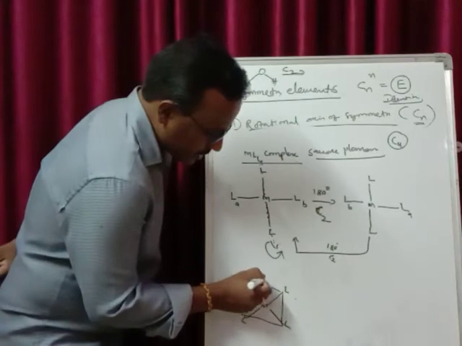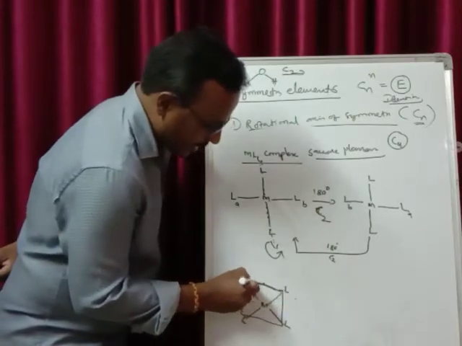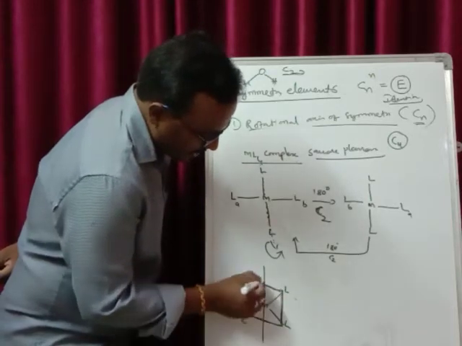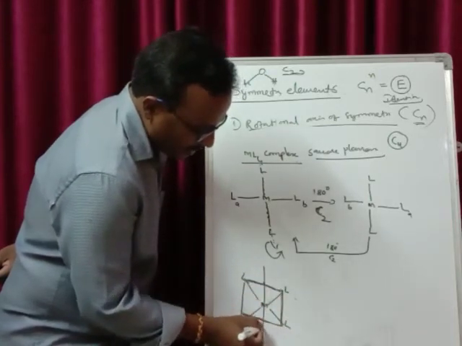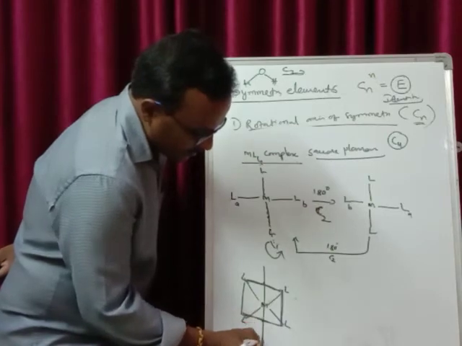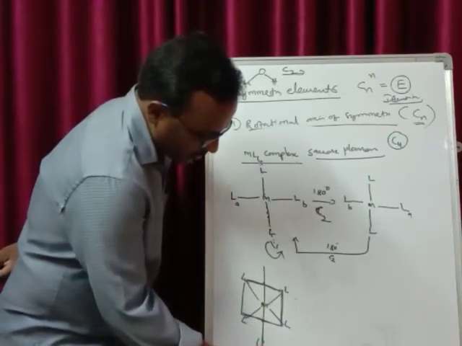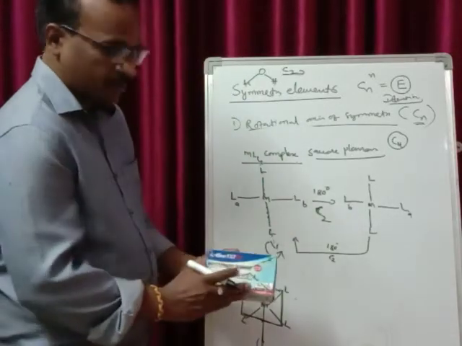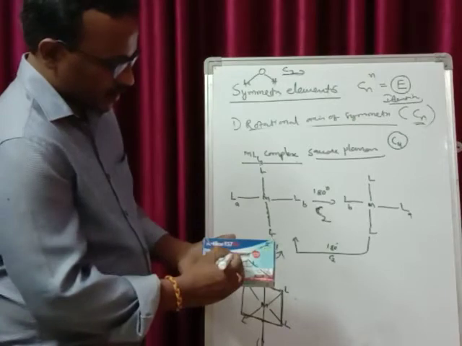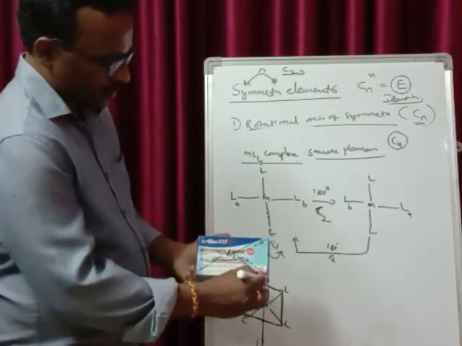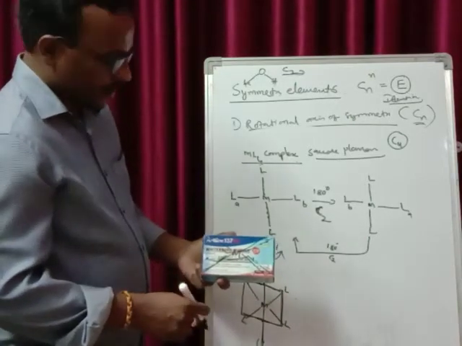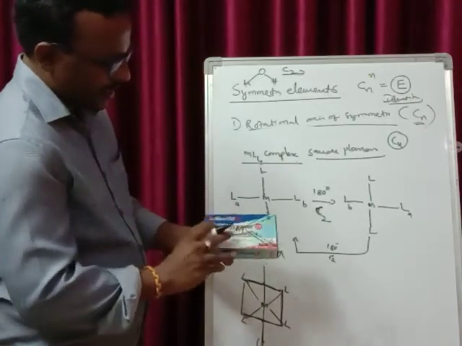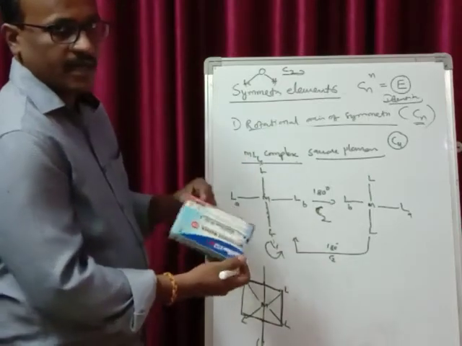The other C2s are passing through the, this is the edge, right? These are the edges. The other C2 will be passing from the center of the edge, touching the metal, to the center of the opposite edge, and rotation by 180 degrees will give you C2. That is something like this. It's not exactly square planar, but you need to understand that in the center we have a metal, and the four groups are at the four corners. These two C2s are passing through the ligand, metal, ligand, and we are rotating by 180 degrees, right?